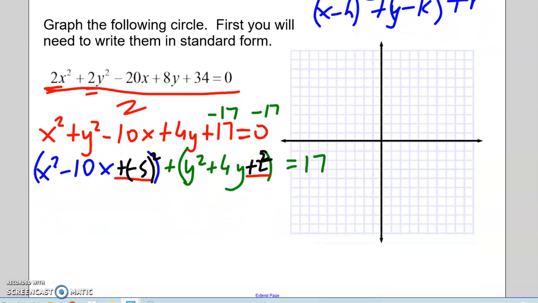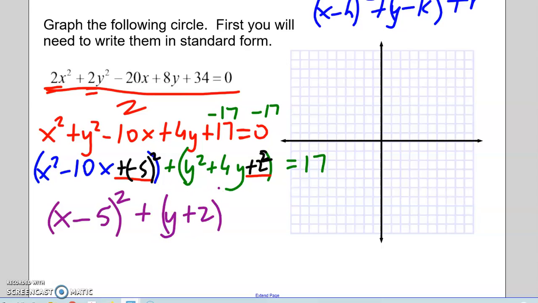Okay, so let's finish this off. So this is x minus 5 squared. And here I have y plus 2 squared. So that's the factored form.